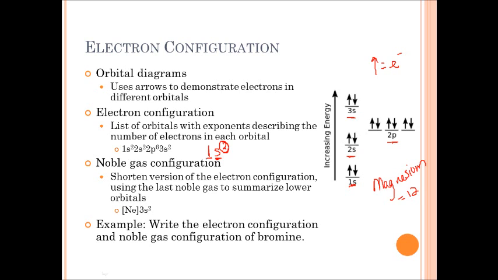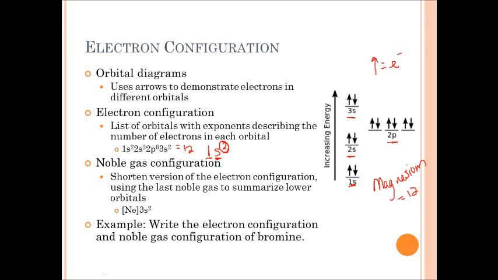So for magnesium, it would read 1s2, 2s2, 2p6, 3s2. And if we add all of these exponents together, they should add up to 12, which is our total number of electrons.